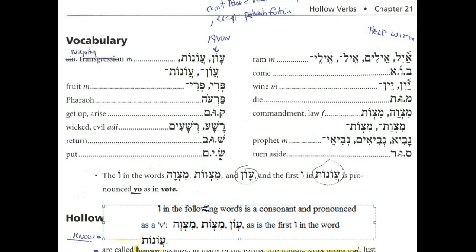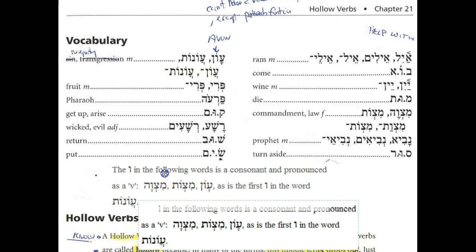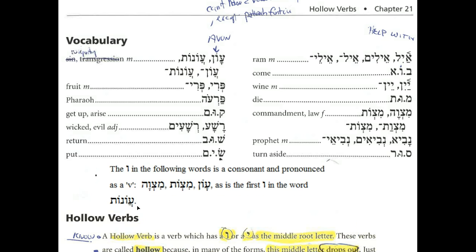At the bottom of your vocabulary section is a bulleted note that describes the pronunciation of some of the words, but there are typos associated with that, so I'm going to cover that up, and in its place, I'm going to put the correct information. The vav in the following words is a consonant and is pronounced as a V: mitzvah, mitzvot, avon.